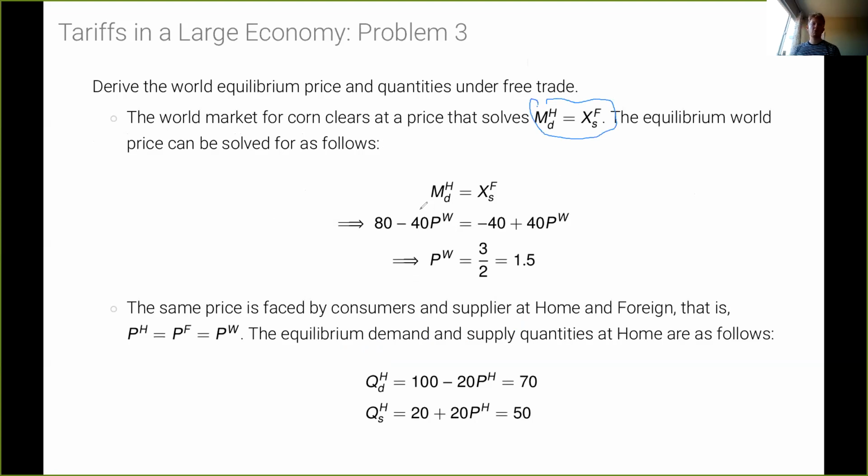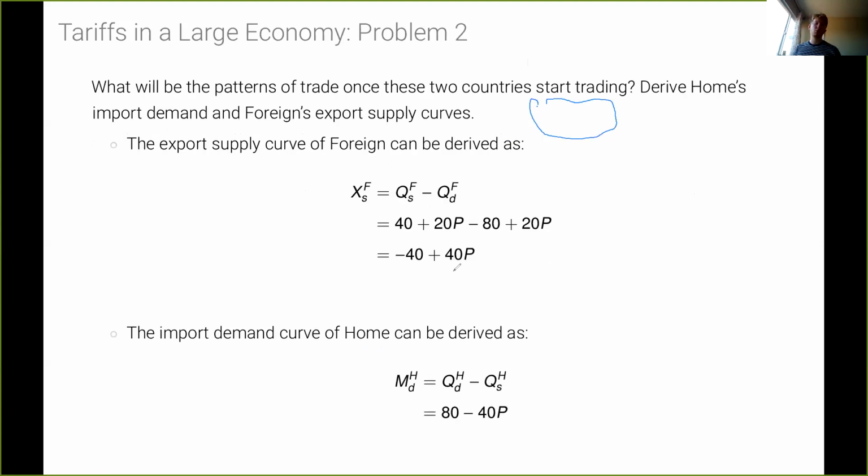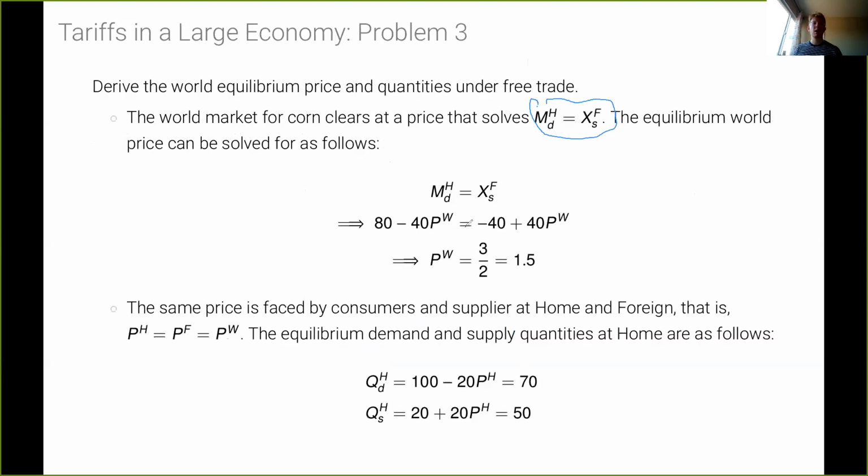And so going back to what we figured out for both foreign's export supply and home's import demand, we're going to set these two equal. I'm going to add 20 on both sides, so I'll get 20 on the left-hand side. I'll add 40 times the world price on both sides.